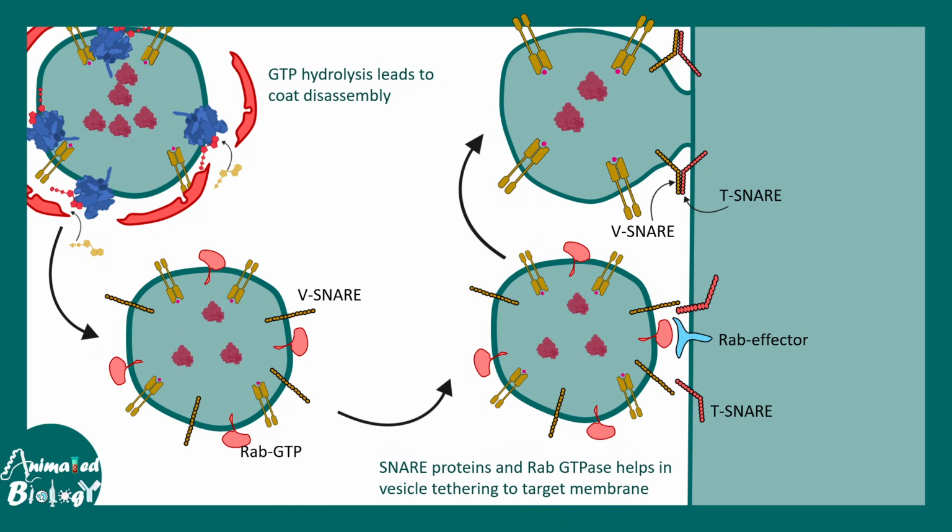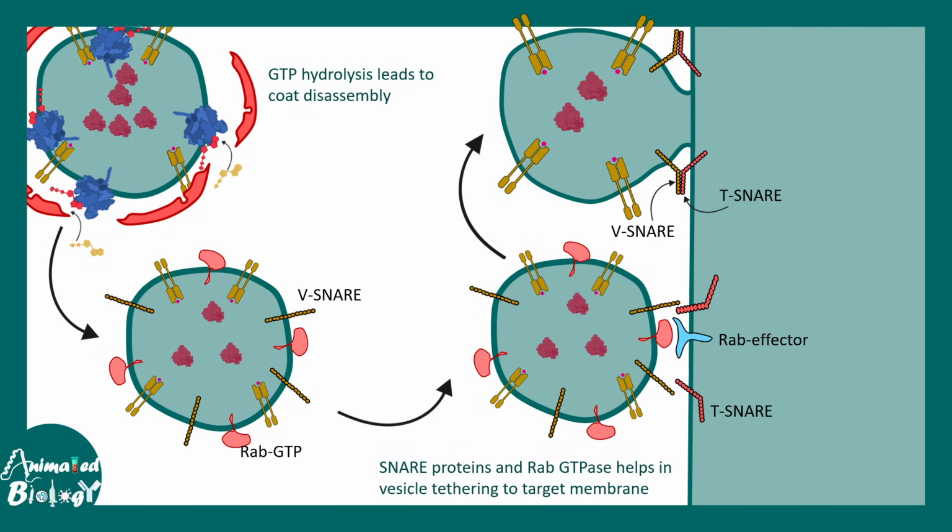That's how the content inside could be released. So this is a vague overview of the process. The process is even deeper and involves many other machineries. Your nervous system utilizes this machinery all the time to fuse synaptic vesicles to the presynapse. In a different video, we are going to delve into the details of this process, so stay tuned.